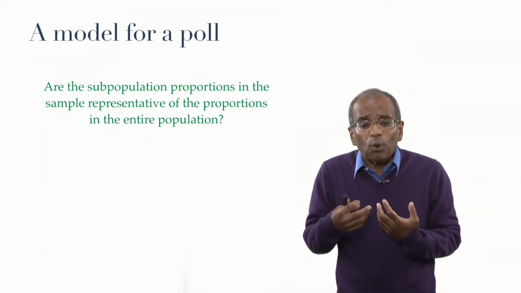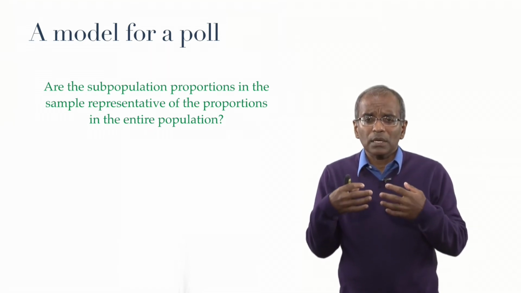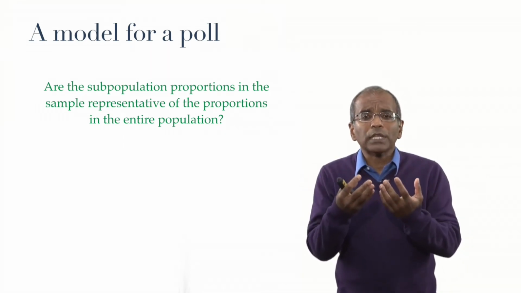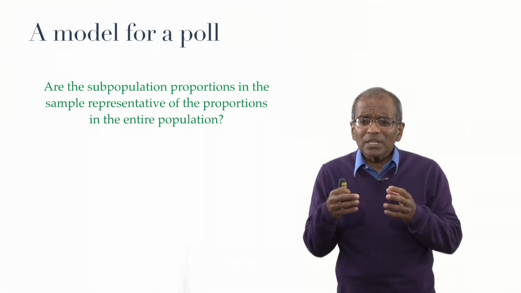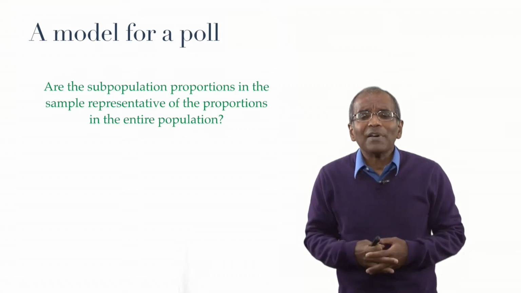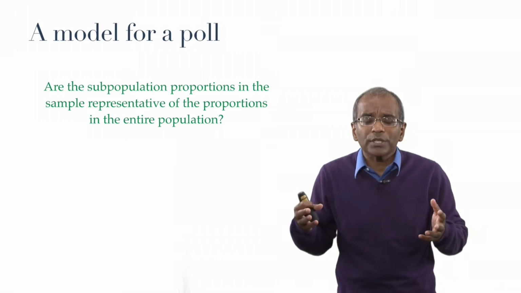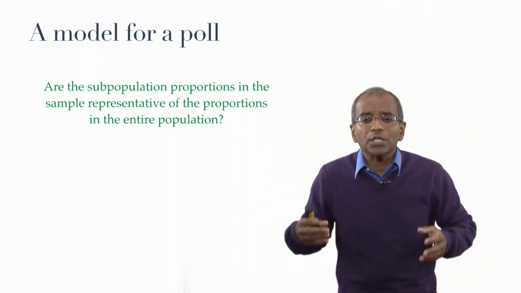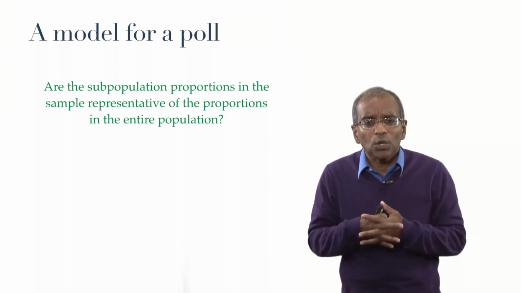A typical poll, if you look at a newspaper, will look at something like the order of 1,000 individuals, if we're lucky. Why should the proportions in 1,000 individuals have anything whatsoever to say about a population which is 1 million times larger, a population of a size 1 billion? This doesn't sound reasonable at all.